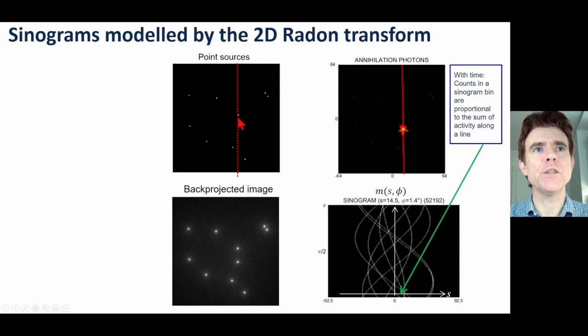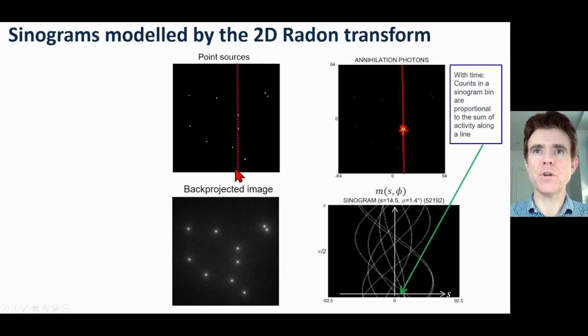You can see along that line there are in fact 2 point sources. As we wait and collect counts along that particular line of response, what we'll arrive at is a value in the sinogram that is proportional to the sum of the activity along that line through the scanner field of view.